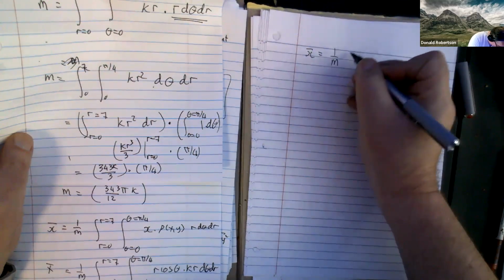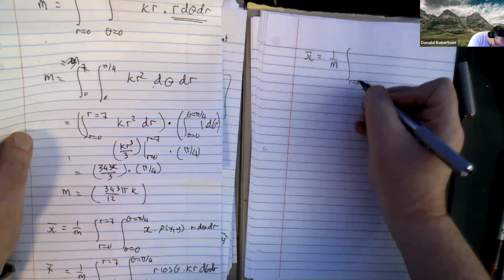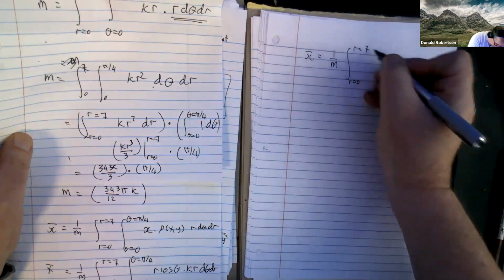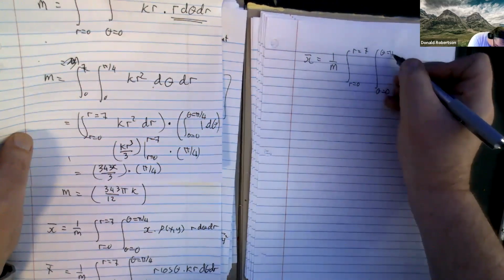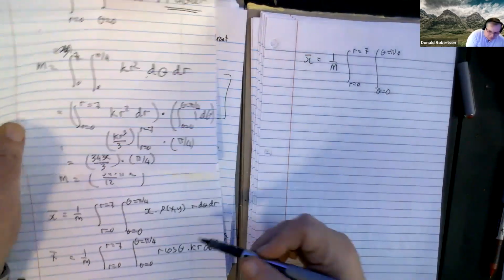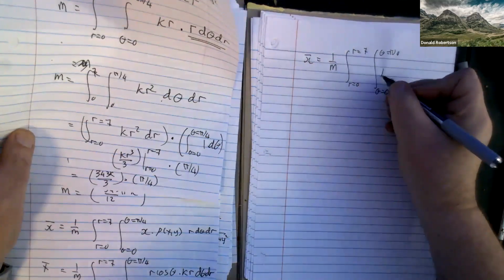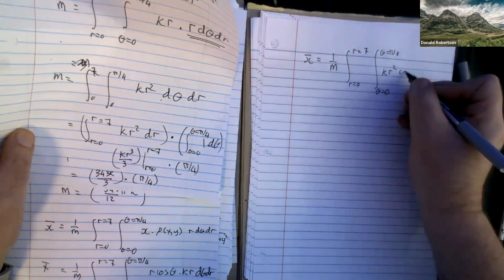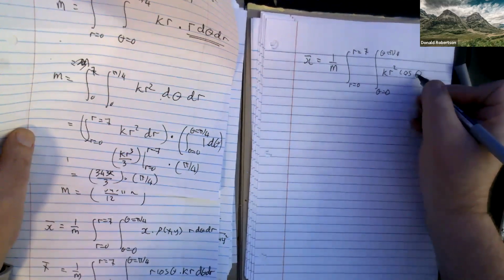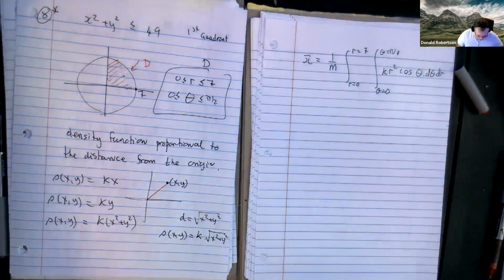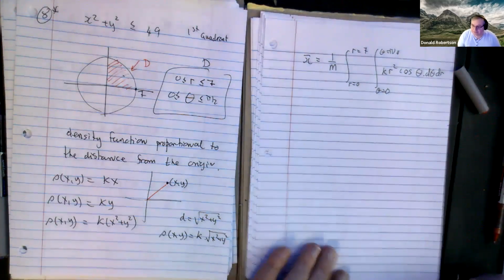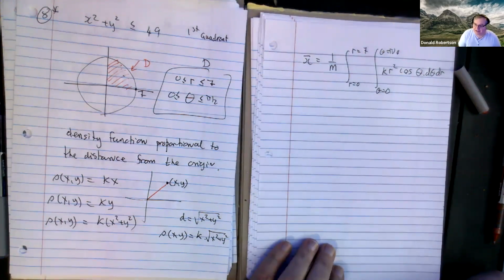I'm going to write that down up here. 1 over m. R goes from 0 to 7. Theta goes from 0 to pi over 4. And if you multiply all of this together, you get kr squared cosine of theta d theta dr. And then, hey, at least it's variable separable.